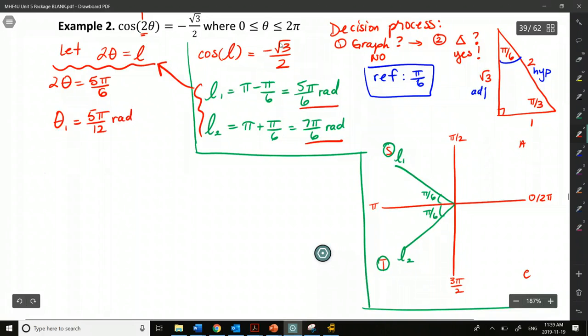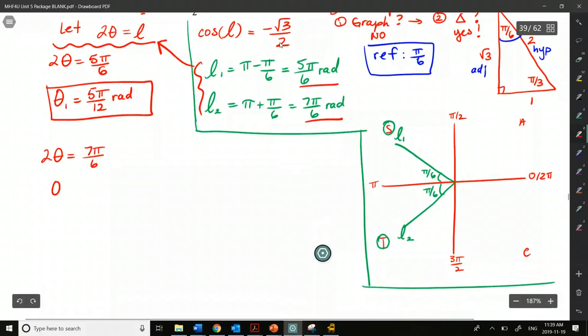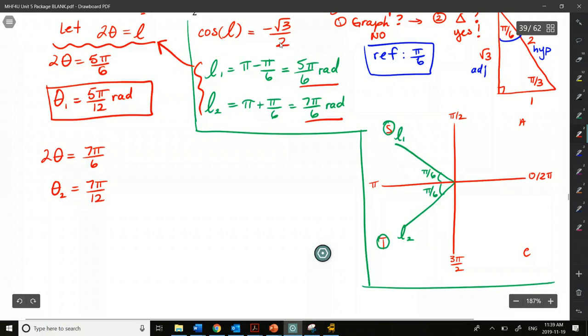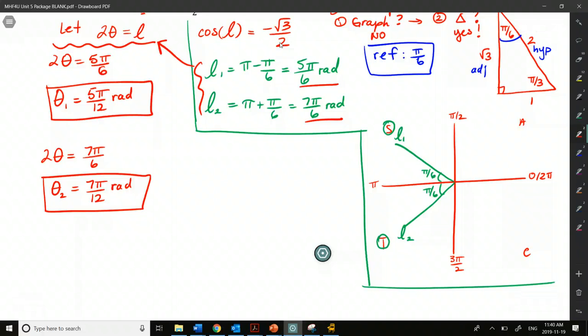And for our next let statement, we'll plug in our second answer that we got, which was 7 pi over 6. So that's a potential answer, which gives us what for theta 2? 7 pi over 12, awesome, thank you. Okay, and we know we have 2 more answers. We have double the amount of answers that we got from this initial calculation here.